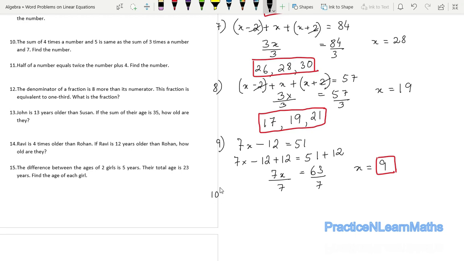Sum number 10. The sum of 4 times a number and 5 is the same as the sum of 3 times a number and 7. So let the number be P. We get the equation as 4P plus 5 is equal to 3P plus 7.